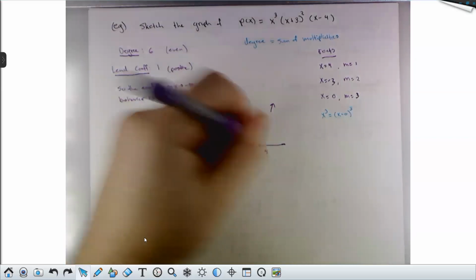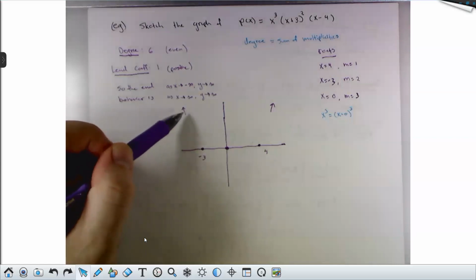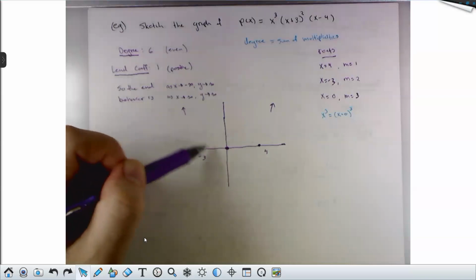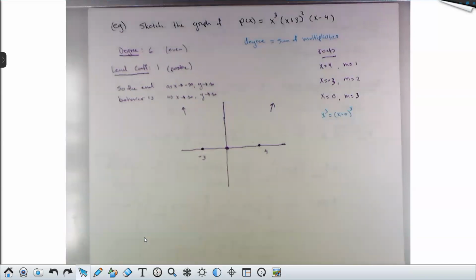Watch what I'm about to do. I know because my end behavior is up on the left that the graph has to come in like this, and it has to touch the x-axis here. Am I going to cross over the x-axis, or am I going to bounce off of the x-axis at -3? It's going to bounce, right?